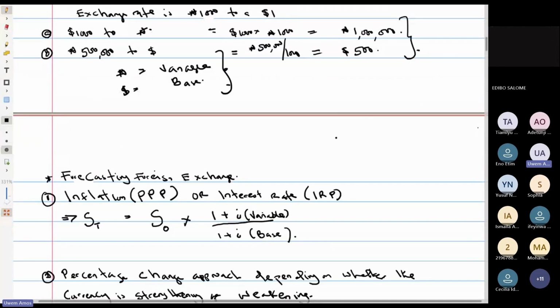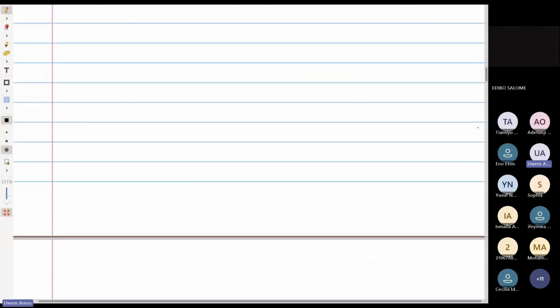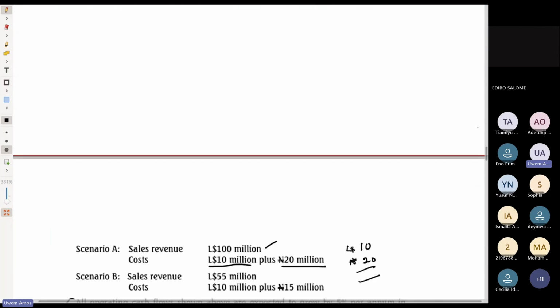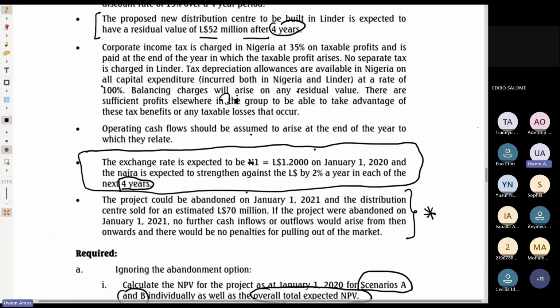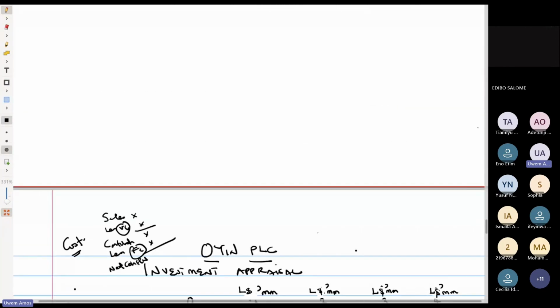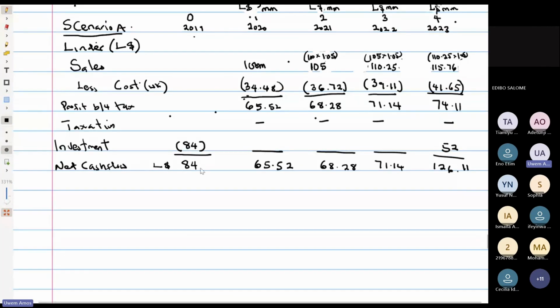But if, for example, the question has told us that the Nigerian government restricts movement of fund to say 50%, what it basically means is that what we can only move to Nigeria would be 50% of the value that we make in Linda. So that would be 50% of 84. I'm sorry, that's negative, 84 is the spending, so that should be in bracket. 50% of this, 50% of this, 50% of this, and 50% of that. If there is that sort of restriction, but we don't have that.